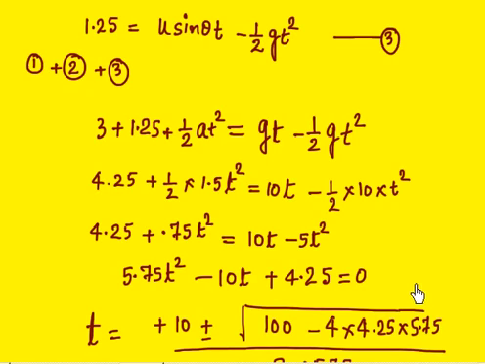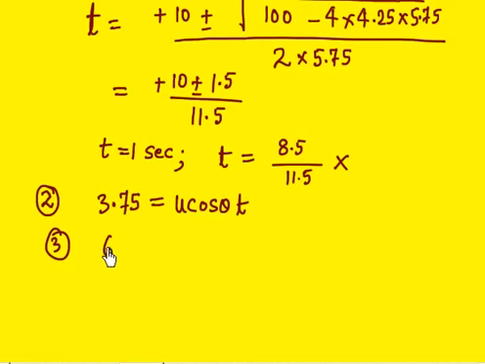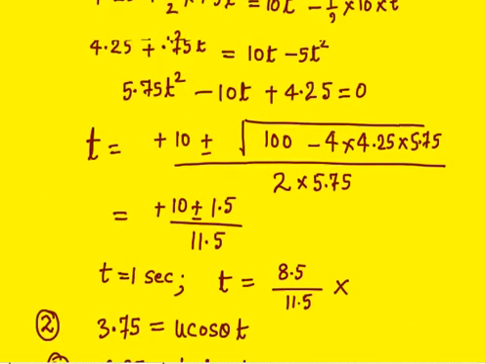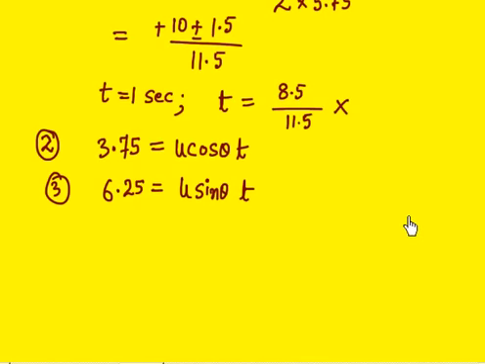So 6.25 equals u sin theta into t. T is also known, t is 1 basically.